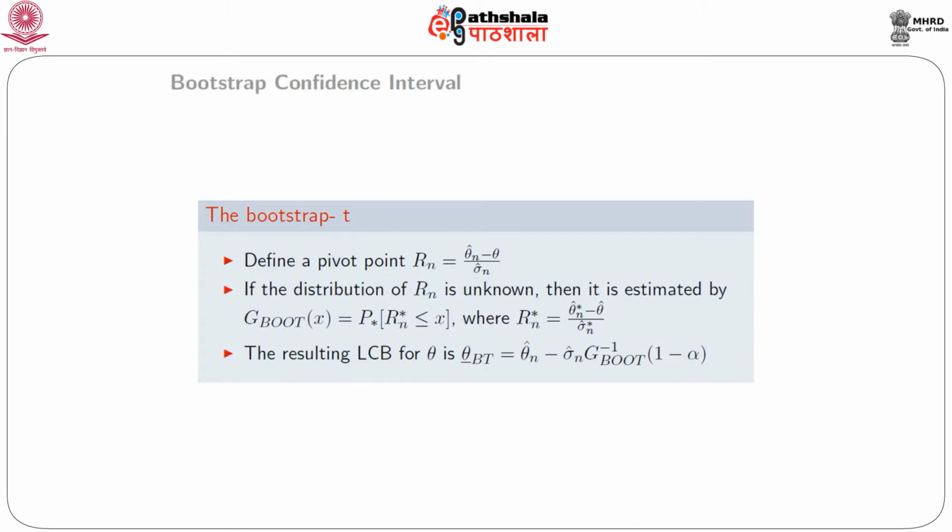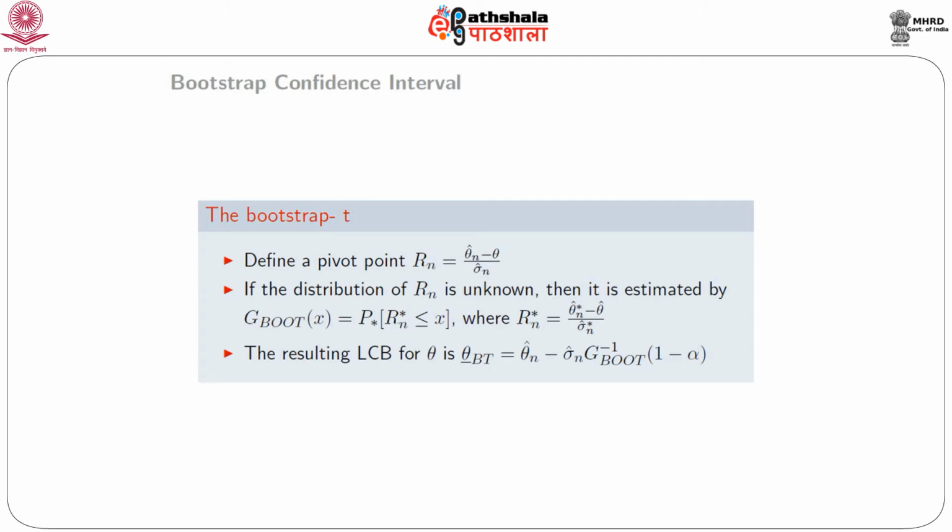So, define the pivot Rn = (theta n hat minus theta) by sigma n hat. The distribution G of Rn is unknown. Then it can be estimated by the bootstrap estimator G boot(x), which is P star(Rn star less than or equal to x), where Rn star is (theta n hat star minus theta n hat) by sigma n hat star.